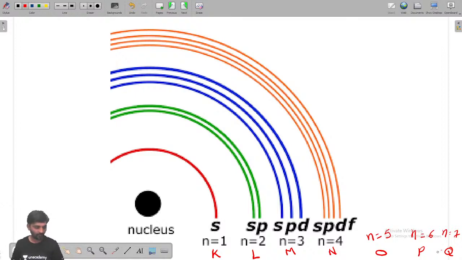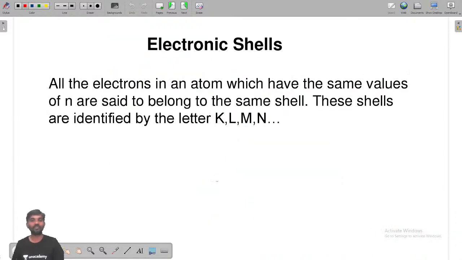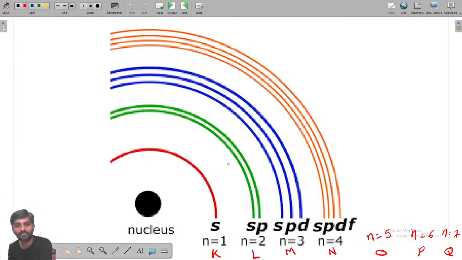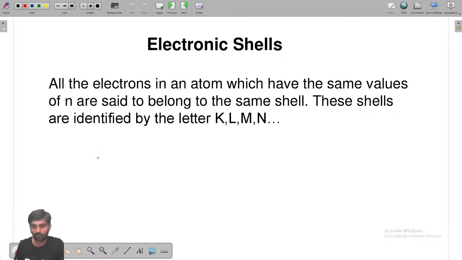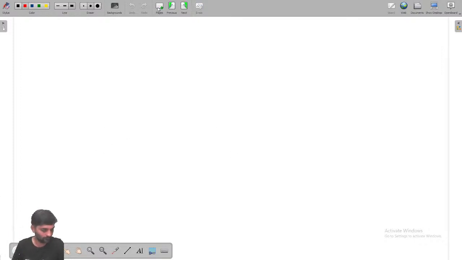But you see, the beauty here is that for different values of n, what we have discussed is the same. Then, as I told you, for the subshell, the value of n is going to be 1, 2, 3, 4, and so on.